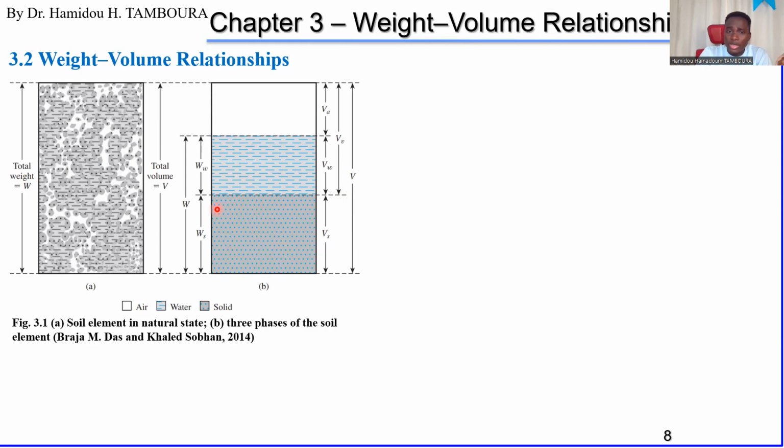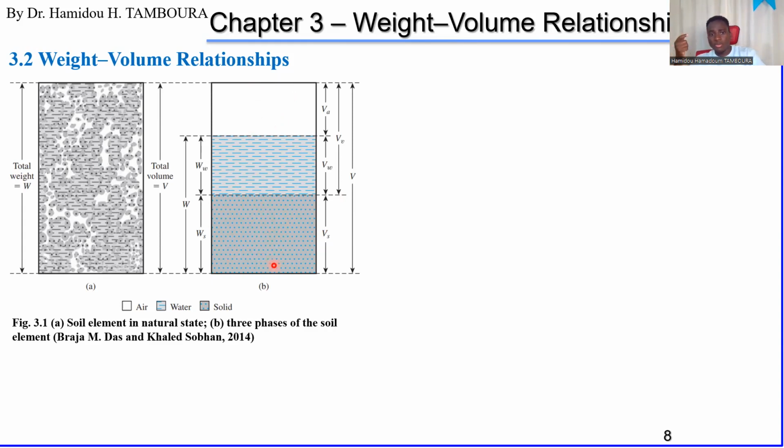If we do that, we get three phases: solid phase, liquid, and gas. It means in soil we might have these three phases, and each phase has mass and volume.